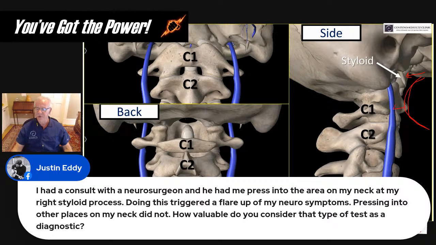One is you could compress, if you had it just right, the internal jugular vein. You could also push on the transverse process and rotate the C1. And then you could end up pushing on a ton of other structures in front of this. So I would say that it's certainly a helpful piece of information, but it's not diagnostic in and of itself.